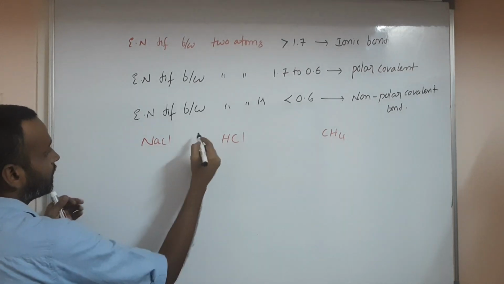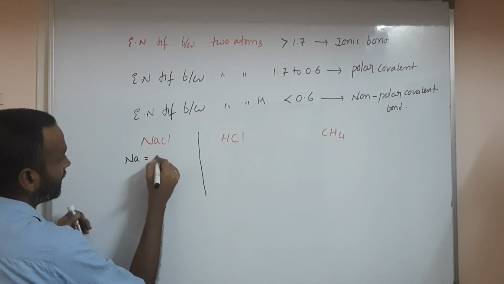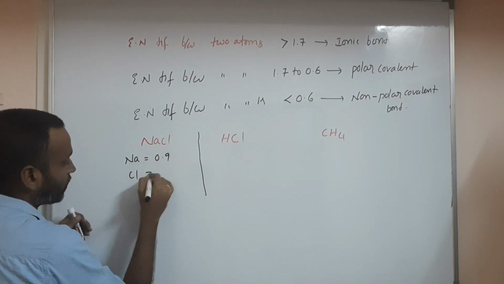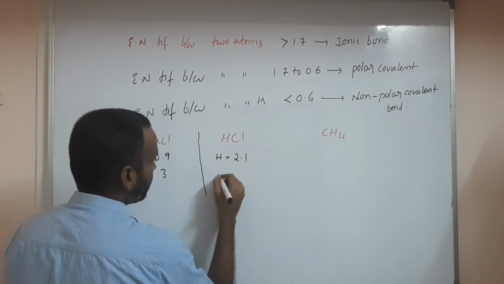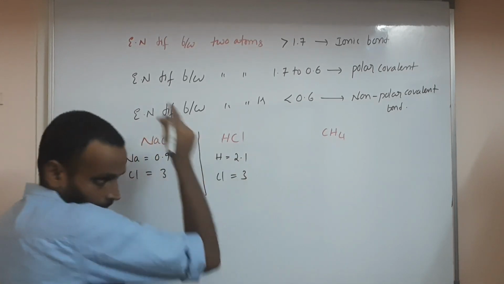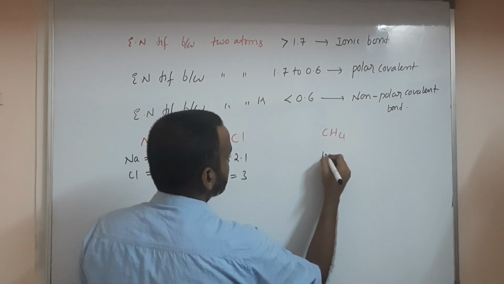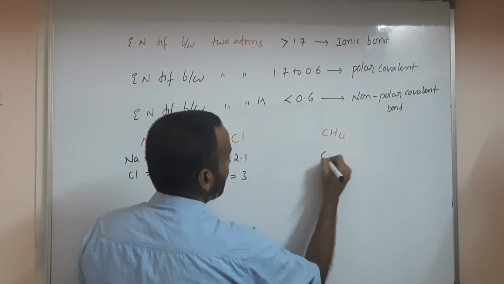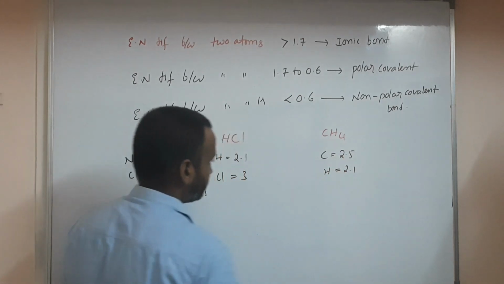If you see, sodium electronegativity, as I said, is 0.9 and chlorine is 3. Hydrogen is 2.1 and chlorine is 3. Carbon electronegativity, as I said, is 2.5 and hydrogen is 2.1.